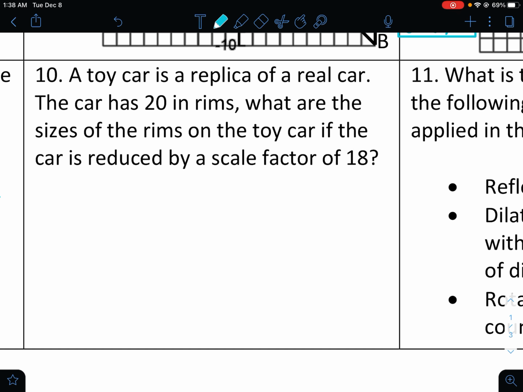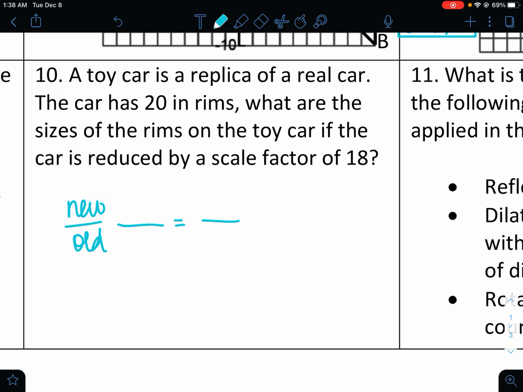Or you can just set it up kind of how we set it up before: new over old. And then we can just use proportional reasoning to figure that out. The car has 20-inch rims, so we're going to call that the new. We'll just say that the larger car is the new one. It doesn't really tell us.